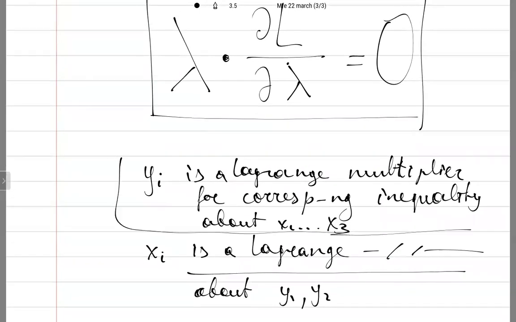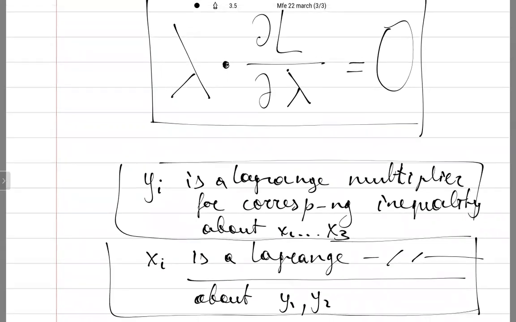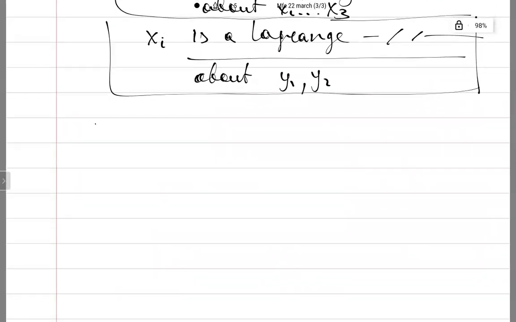So basically, we can use this rule twice. We can use these rules thinking of lambda as x, meaning dL over d lambda is a corresponding inequality about y, and lambda is y, and dL over d lambda is treated as an inequality about x.